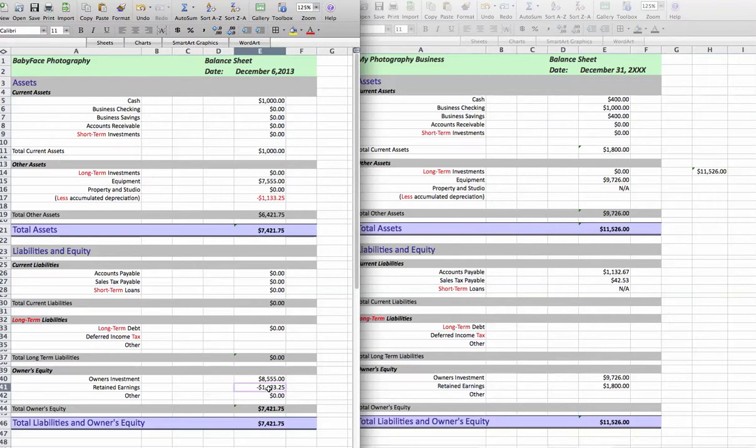Okay, this is leftover cash that you have not spent at this point. Then when you add these figures up, they should both balance.